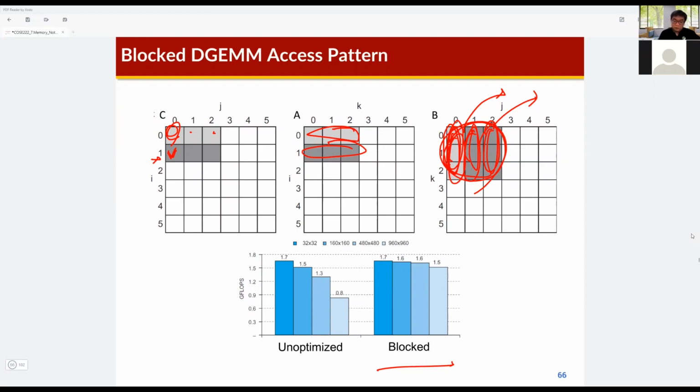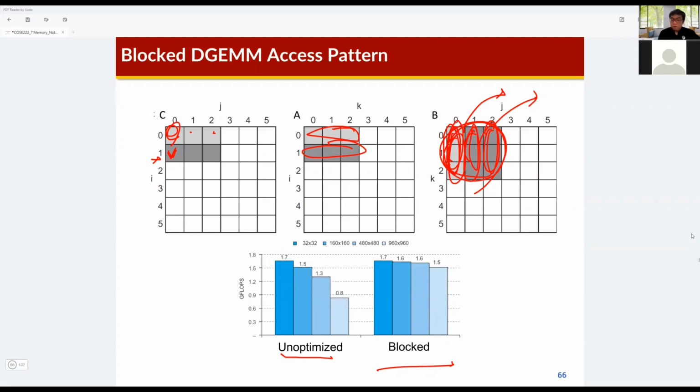This graph shows the performance of matrix multiplication, and the different colors represent the size of the matrices. With the unoptimized version, where the entire matrices are used for the matrix multiplication, the performance is degraded as the size of the matrices increases, as you can see here.